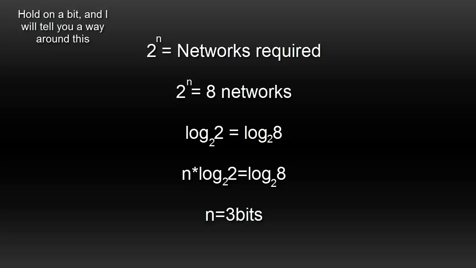Log base 2 of 2 to the power n equals log base 2 of 8, and with that we're able to take n out of the exponent and make it n times log base 2 of 2 equals log base 2 of 8, and then we get n equals 3, so we have 3 bits.